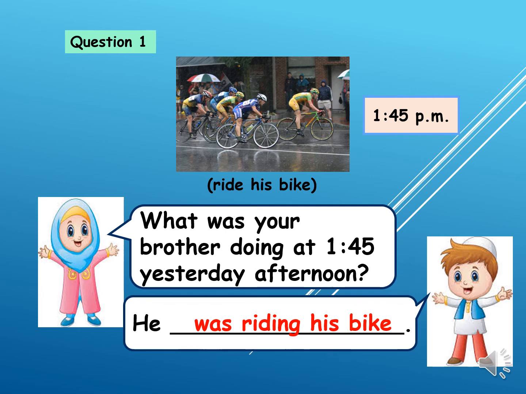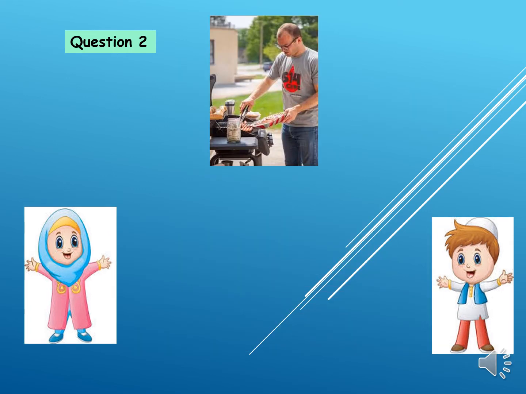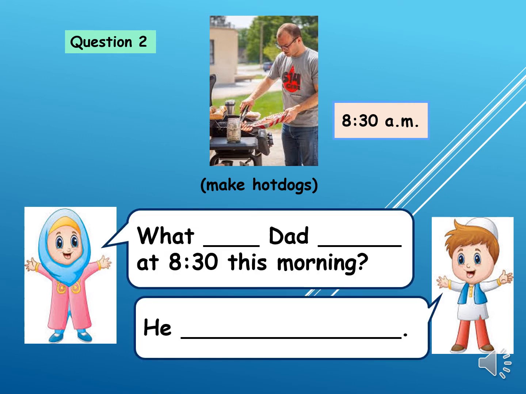Remember, for riding, we omit the e before we add ing. Here comes question 2. Are you ready? Okay, you have looked at the picture, the time, and the action. Here comes the question. What did he do at 8:30 this morning?